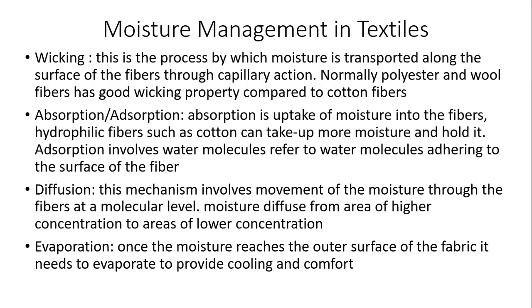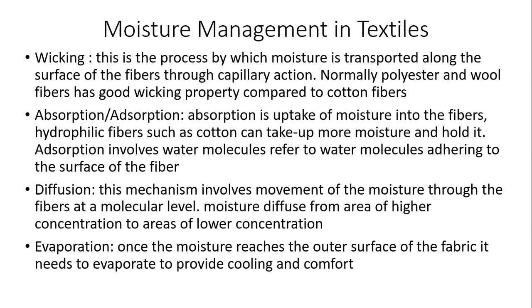So the diffusion of moisture through a cotton fabric is not very good. But if you take the polyester, since the moisture only adheres to the surface of the material, moisture transportation at the molecular level through diffusion is very good in polyester material.